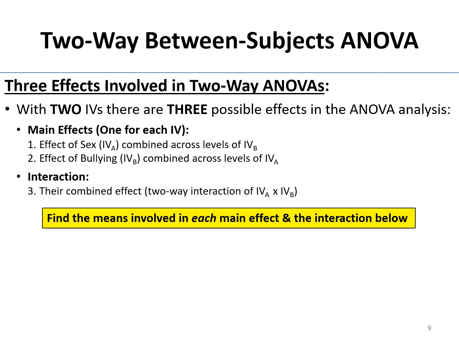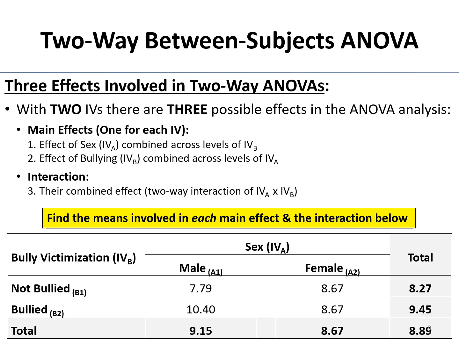So given that you've got these 3 effects, there's also a lot of means. For each of the effects above, see if you can figure out what the means are that are being compared. So the effect of sex says, I'm going to pretend that bullying isn't even a variable in the study. I'm just comparing hostility of men versus hostility of women.